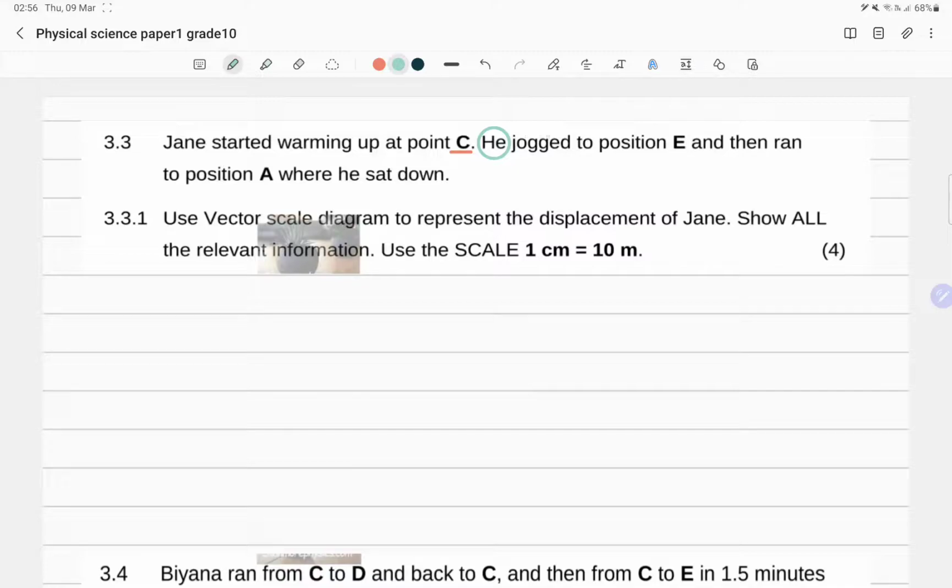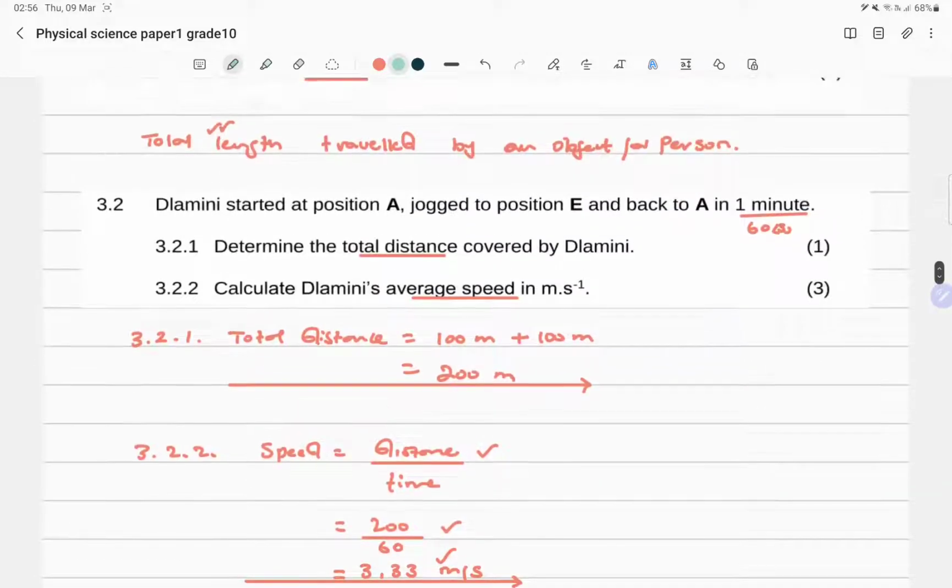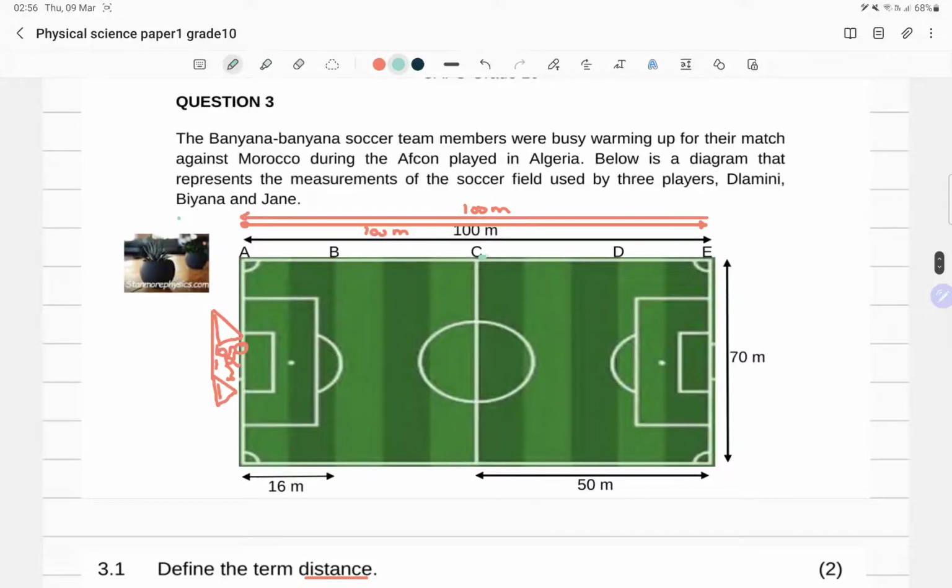Anyway, Jeanne jogged to position E and then ran to position A where she sat down. Jeanne went this way first to position E, and then she came from position E back to position A where she sat down.